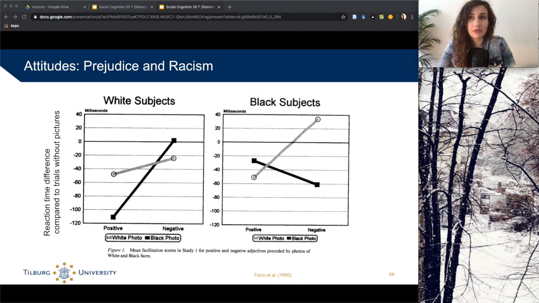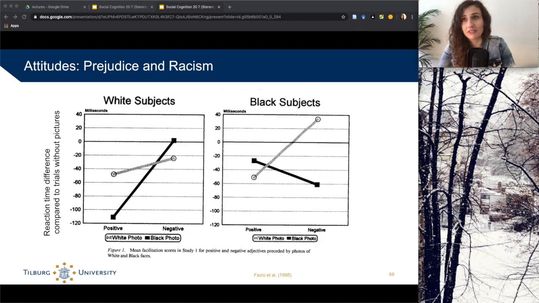So both these points of data are showing us some types of negative attitudes, right? Both the fact that it takes longer to make a positive evaluation when preceded by a black face shows us this negative attitude towards black faces, and the fact that it takes longer compared to baseline to make negative evaluations when preceded by a white face again shows us that there's a negative attitude towards black faces.